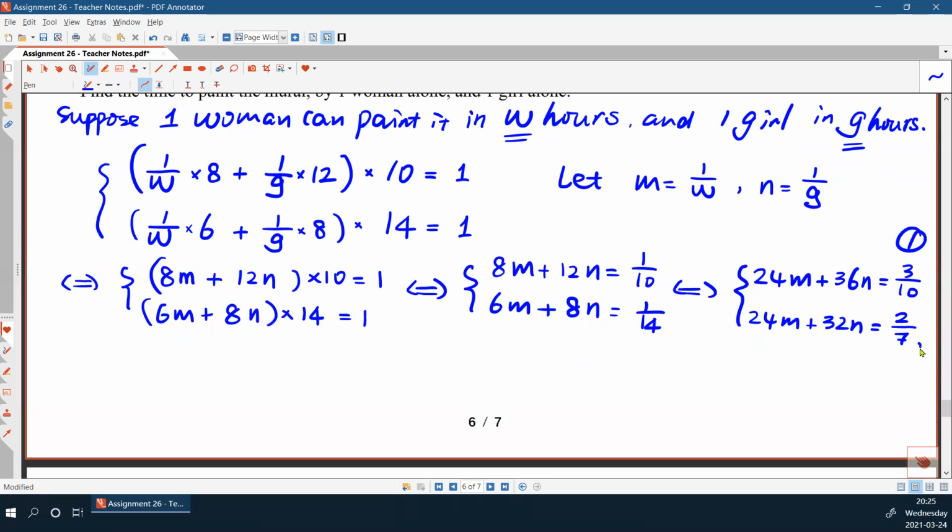Suppose this is 1 and this is 2, and then we can use number 1 minus number 2, and this will give us 4N equals, which is 1 over 70, right?